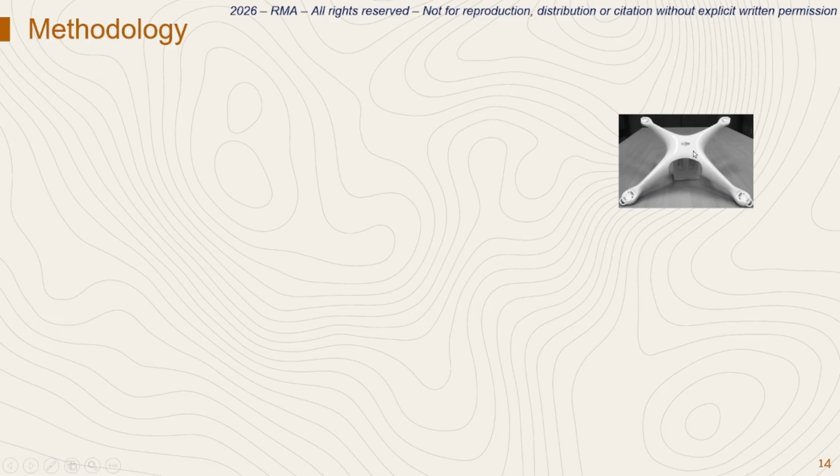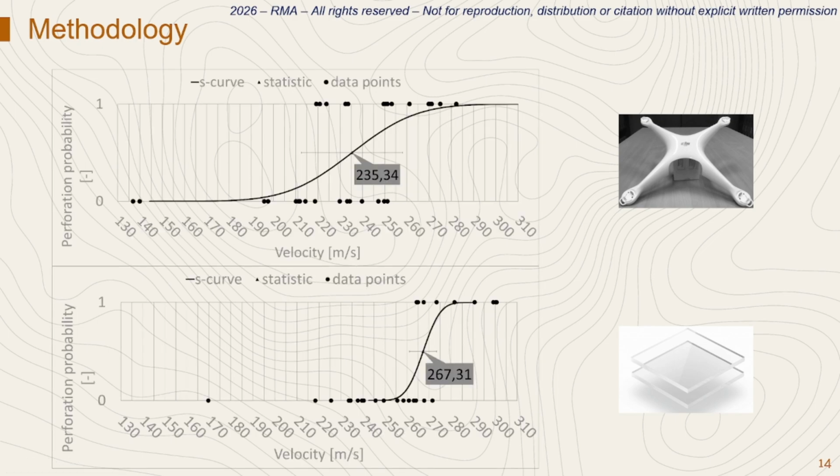So we found an equivalent plate, which is just a plate of that same material, and we characterized the interaction of the projectiles with both target types. That interaction is characterized by a ballistic reference metric named the V50.